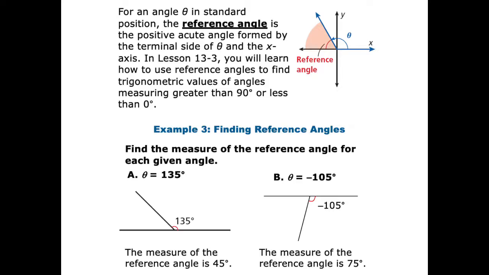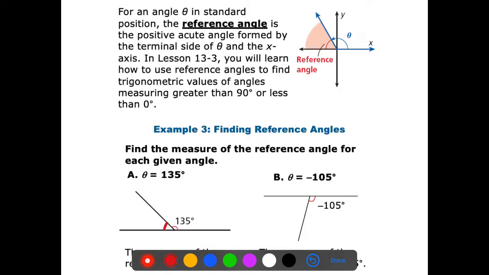So find the measure of the reference angle for each given angle. Looking at this, we're looking for this angle right here. But these lines right here are 180, so we know we're looking to get a total of 180 degrees.